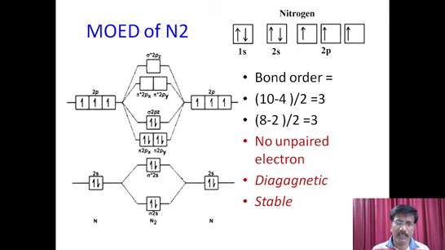So altogether 6 electrons and 6 orbitals. In the molecular orbital diagram, pi bonding with equal energy 2 and sigma bonding, after that anti-bonding pi star, pi star, after that sigma star. The total number of electrons is 6 only.